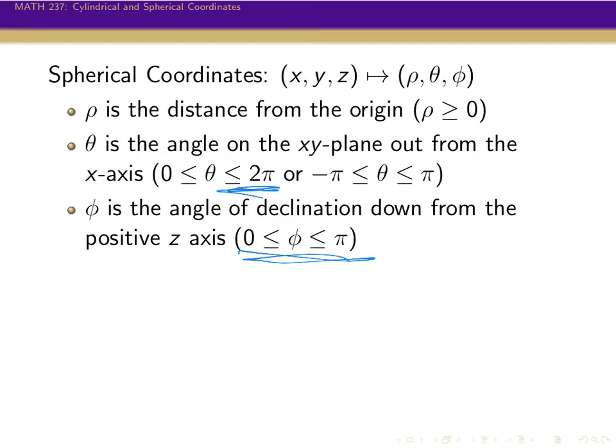But latitude just goes from positive 90 to negative 90, so only 180 degrees. Same thing here. Theta, it's like the longitude, goes all the way around 2 pi. Phi, it's like latitude, only goes from 0 to pi.